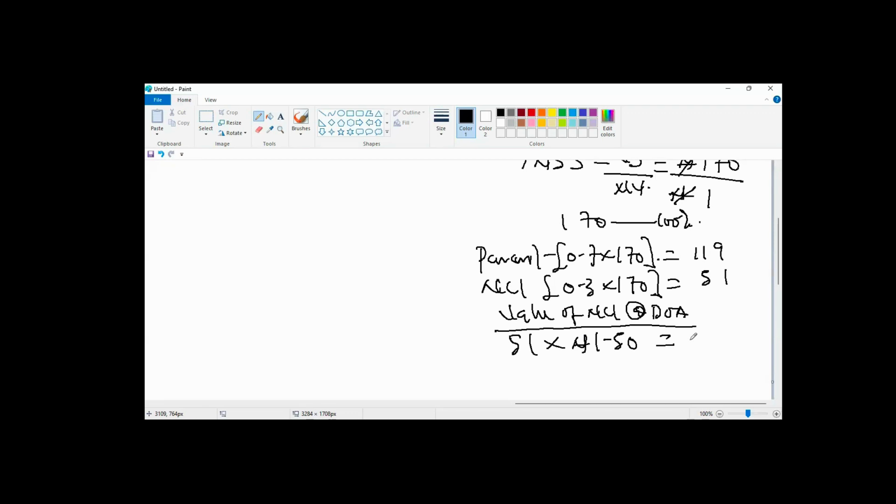When I talk about times 51, it gives you the value of NCI at the date of acquisition, which will be added to the cost of investment. What is the value now? 76.5 will now be added. That's all.